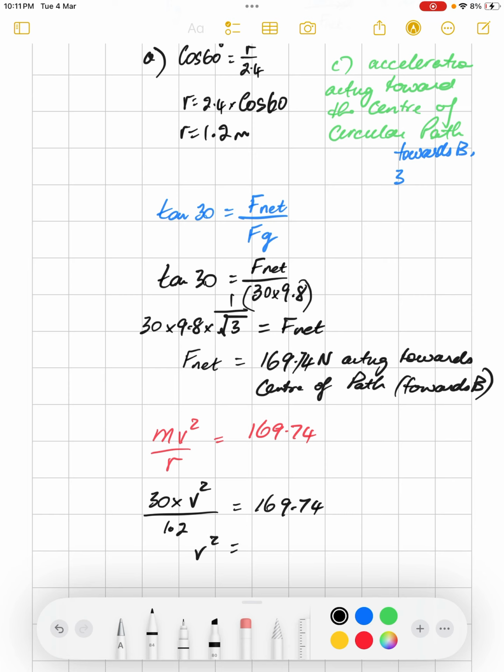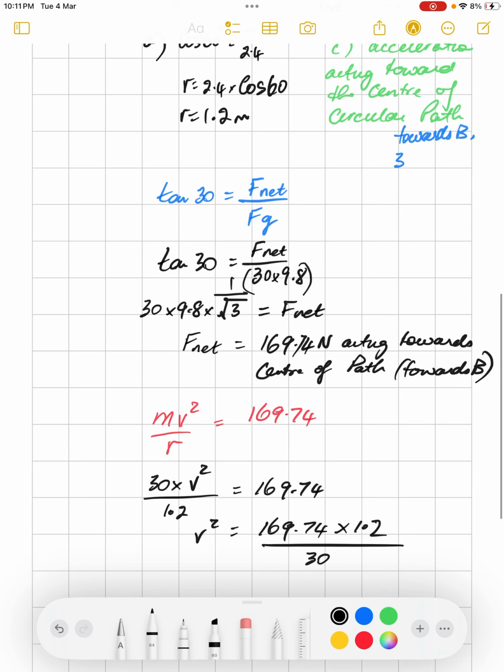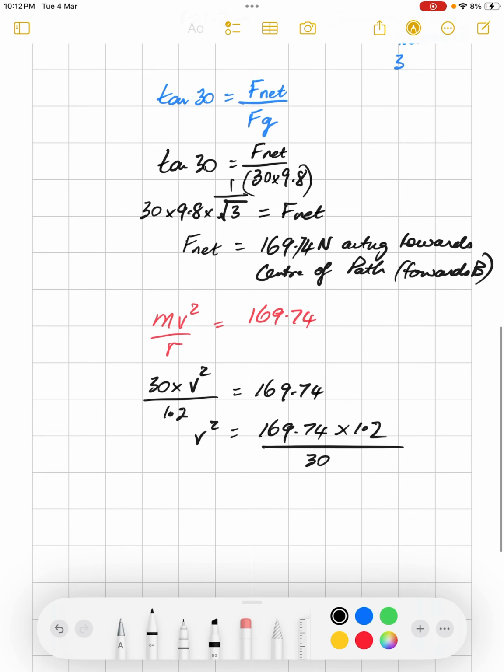So v squared equals 169.74. Bring that divide 1.2 up to be multiplied. Bring that times 30 across to be divide. So we get that, and we're going to get the square root of this result.